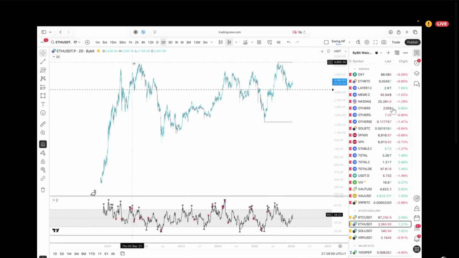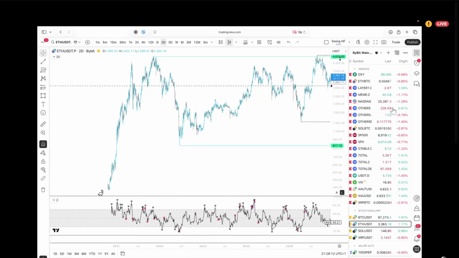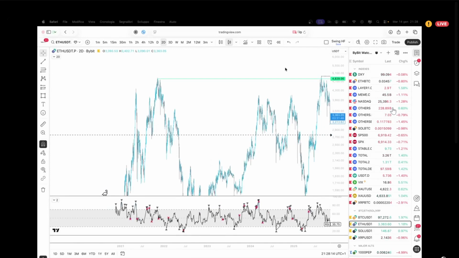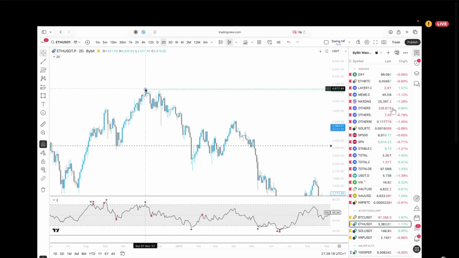Okay. So of course, as you can see, guys, we are in a big range. Love to see people screaming for all-time high here on Ethereum. It was a lovely one.